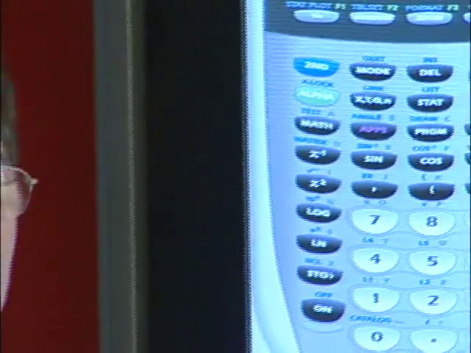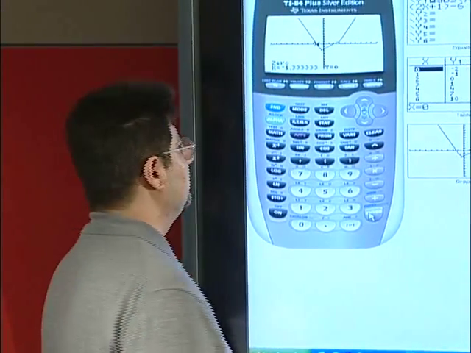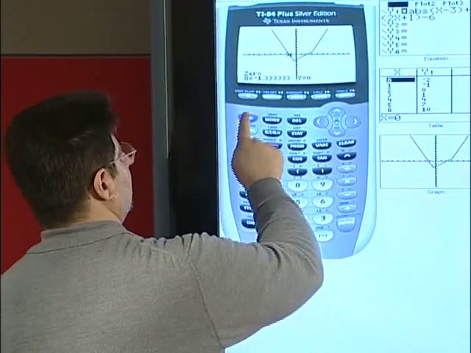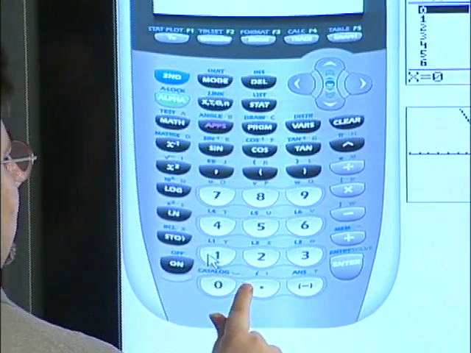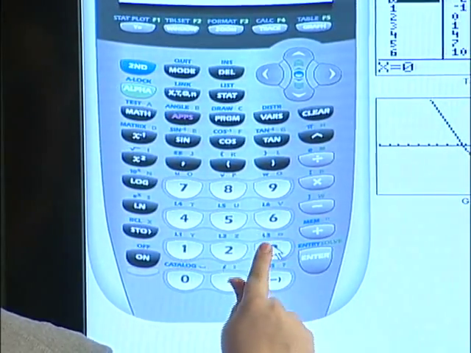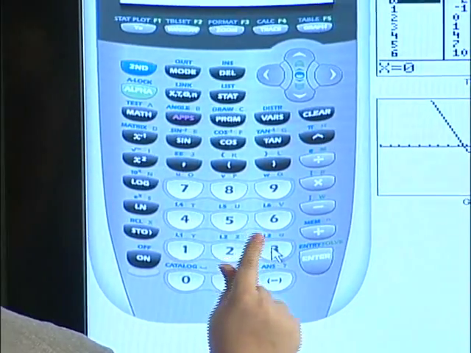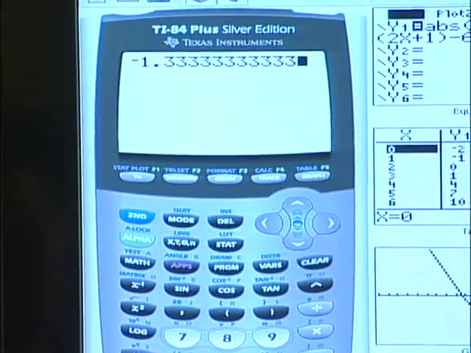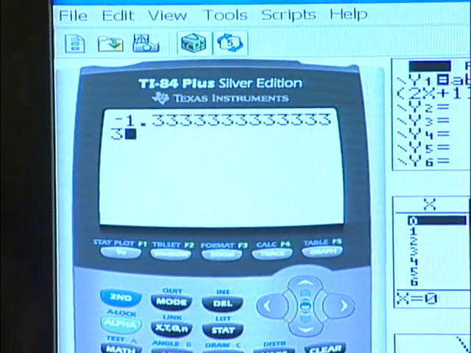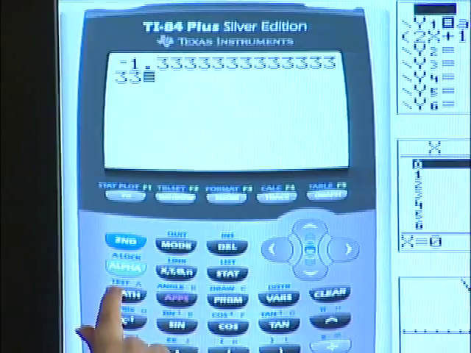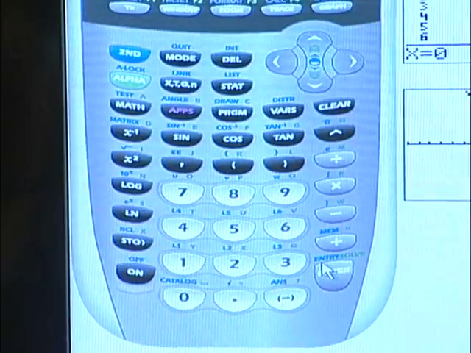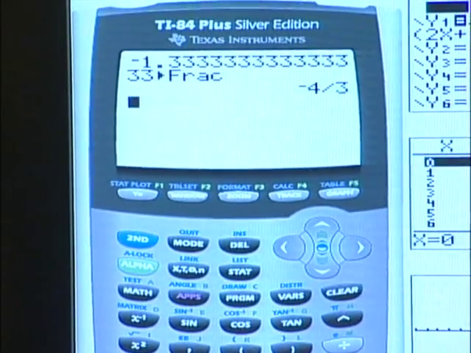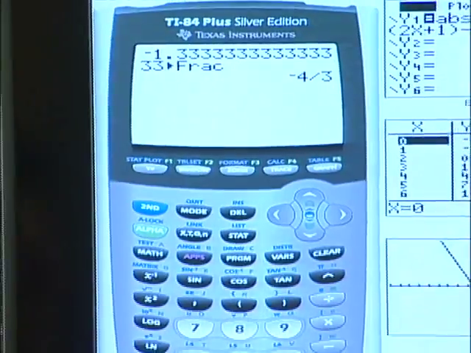In that case, we can convert this to a fraction. So we will go back to the main screen. We will input 1.33 and we will try to enter 3 as much as we can. And then we will use the math fraction facility and the answer is minus 4 over 3.